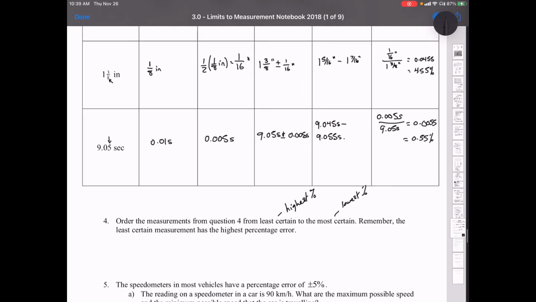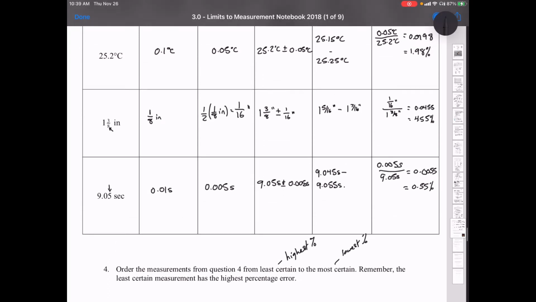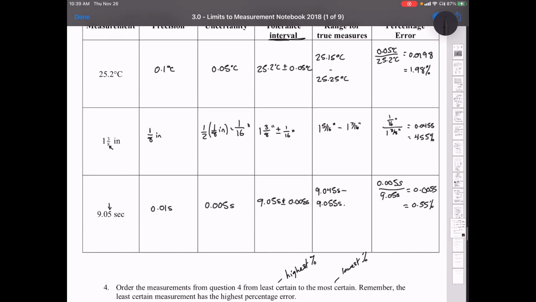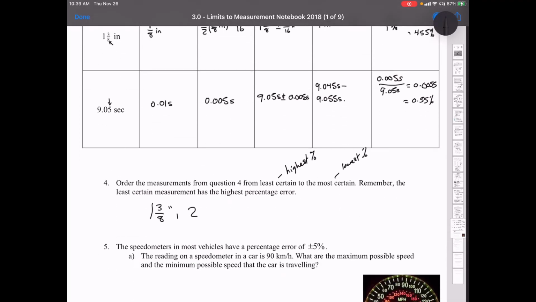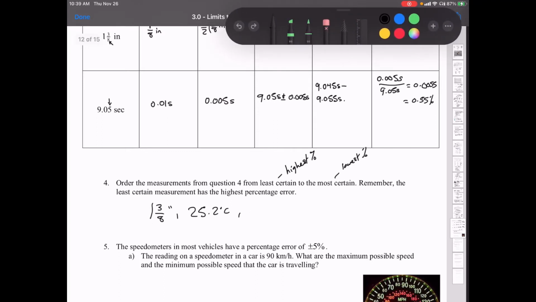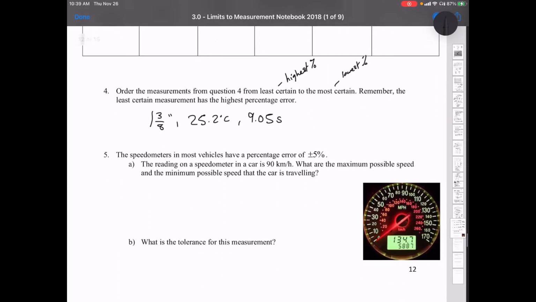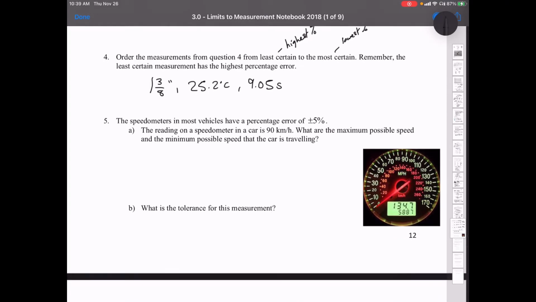The highest one that we have is the 1 3/8 of an inch. The middle one is our 1.98%, which is 25.2 degrees Celsius, and our max then is the 0.55%. The most certain is the 0.55% or 9.05 seconds, like so.